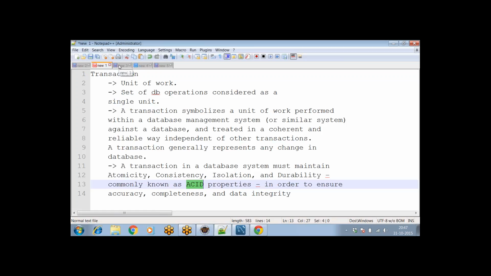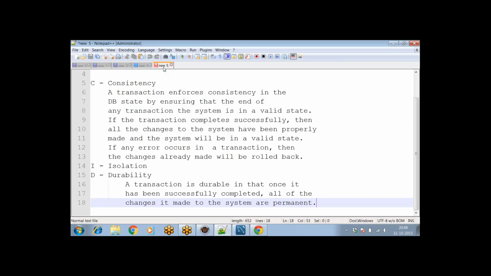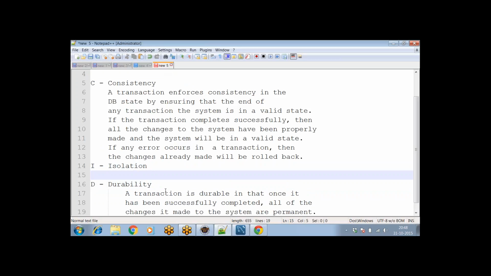So now we'll talk about the last attribute here, that is isolation. Can you people talk about isolation?